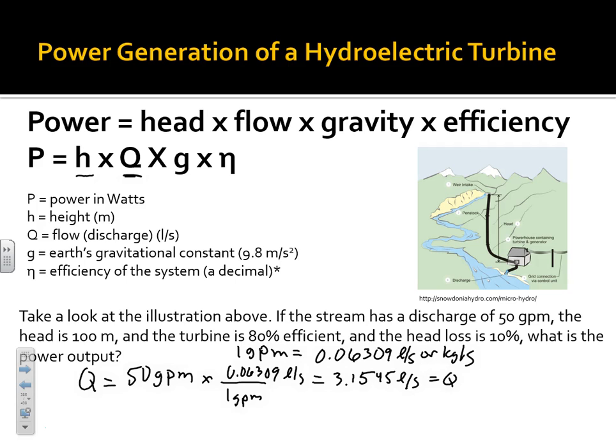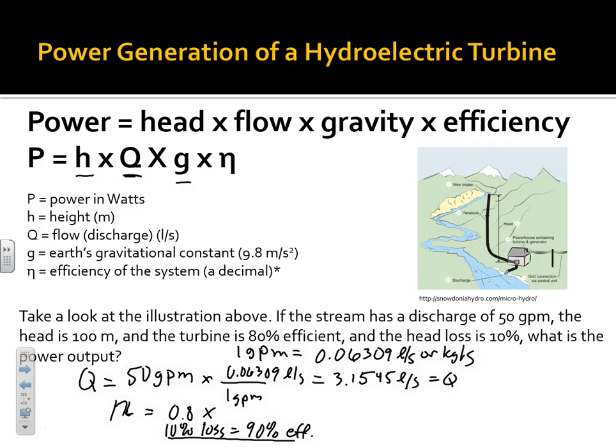Now what else do we have here? We know the force of gravity. Our efficiency, in this case, is actually pretty easy if you have multiple efficiency numbers. Our overall efficiency is going to be 80%, or 0.8, times a head loss of 10%. 10% loss equals 90% efficiency, right?